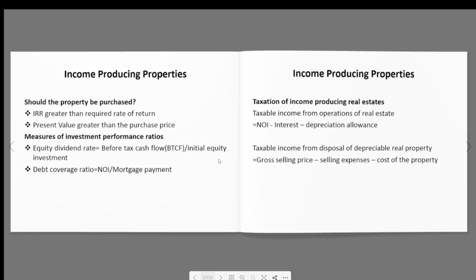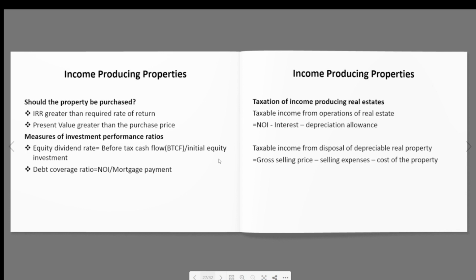Taxation for income producing real estate will also be paid key attention to. So the taxable income from operations of real estate is equal to the net operating income minus the interest and also less the depreciation allowance.